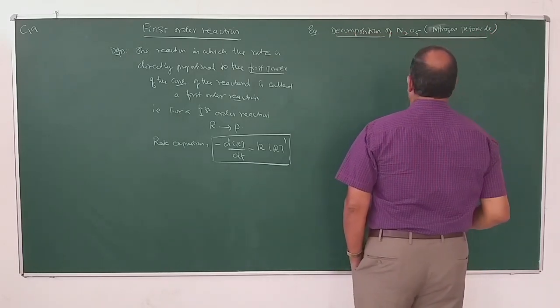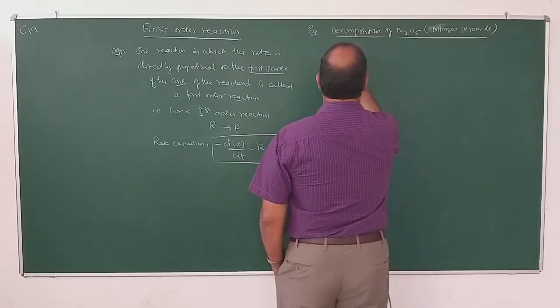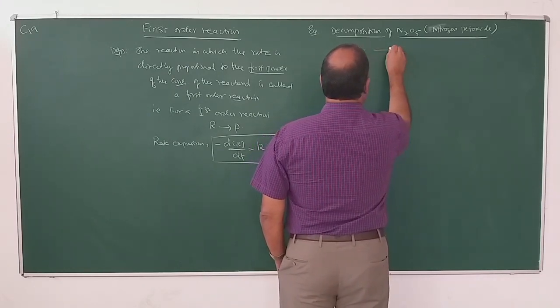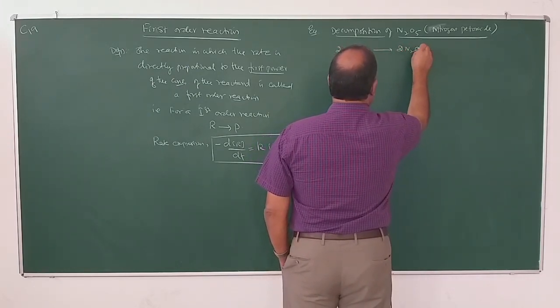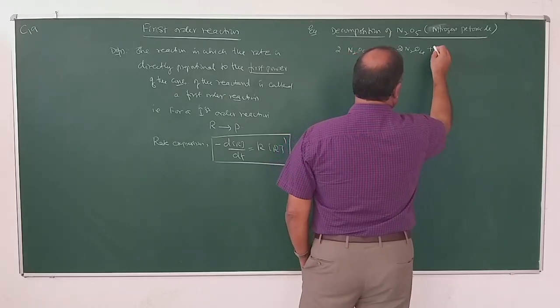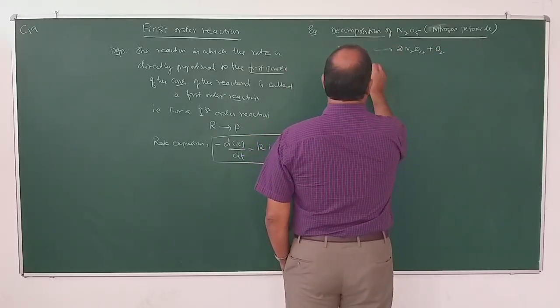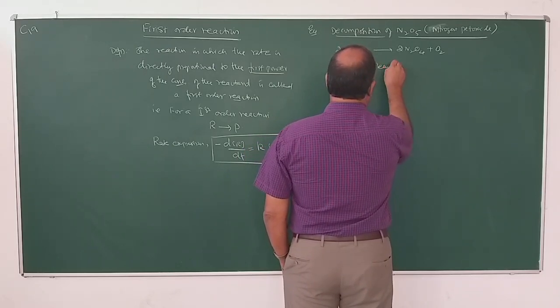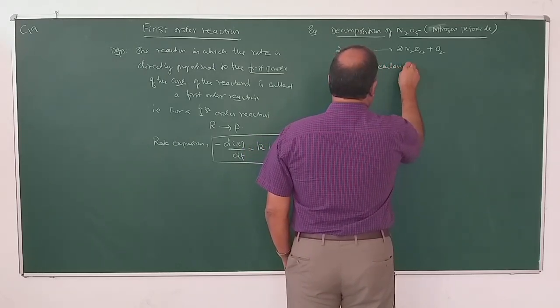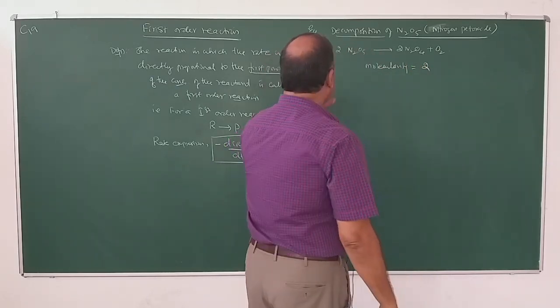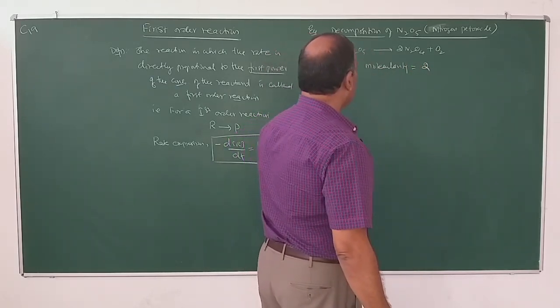Decomposition of nitrogen pentoxide. So what is the reaction? 2N2O5 dissociates to give N2O4 plus O2. So here, what is the molecularity of this reaction? Molecularity is equal to 2 because 2 molecules of reactants are taking part.